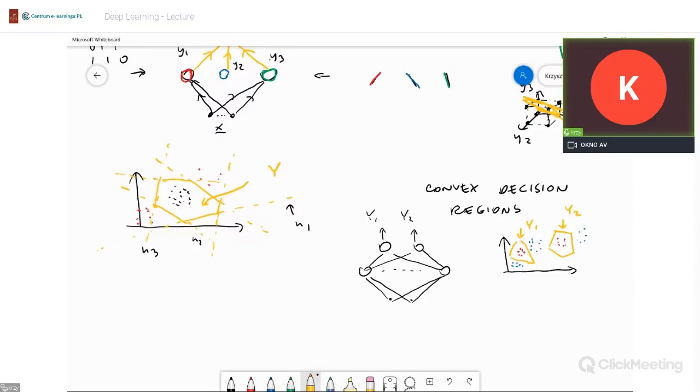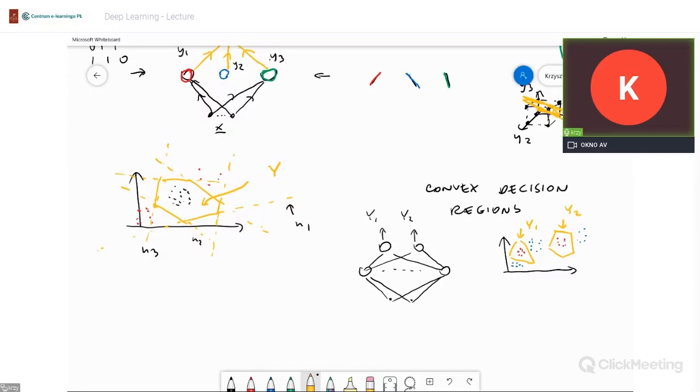As you see, this second layer, this two-layer structure, gives me, at least qualitatively, the possibility of correctly identifying points that occupy convex regions in space.